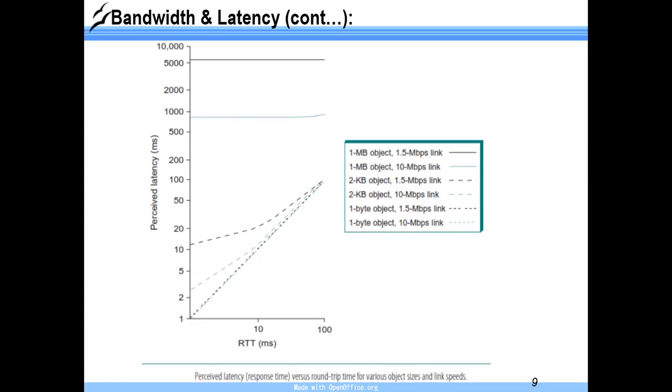And here we see the perceived latency versus the response time. This figure shows how latency or bandwidth can dominate performance in different circumstances.